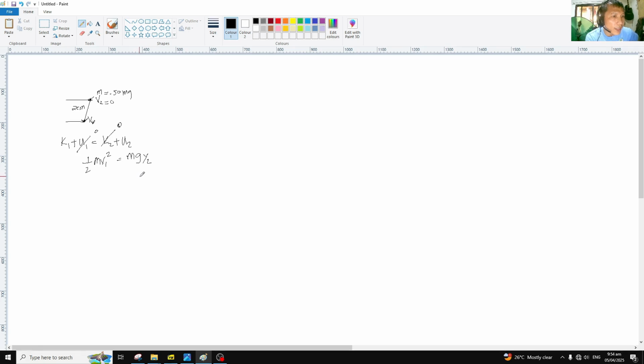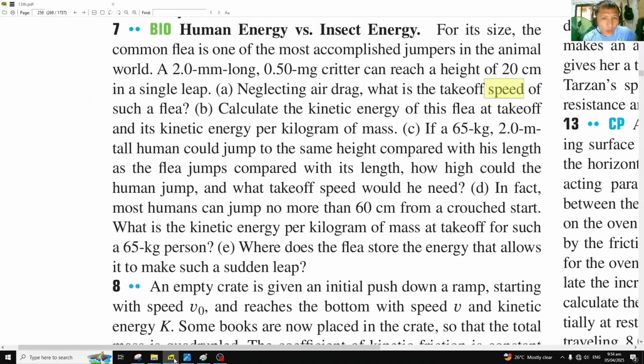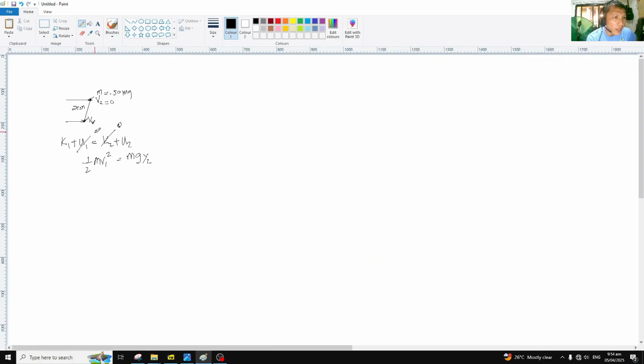The question is, what is its takeoff speed? So that is V1, or V0 in any other problem.